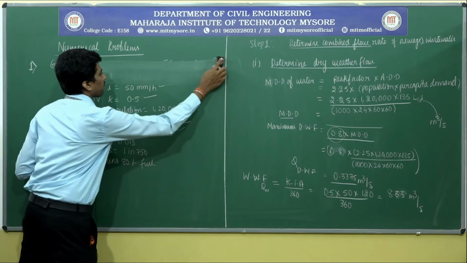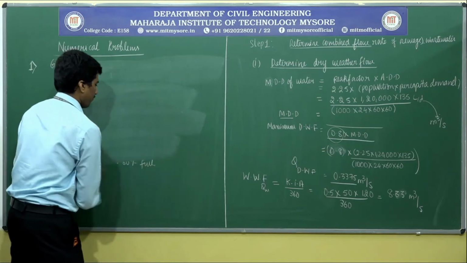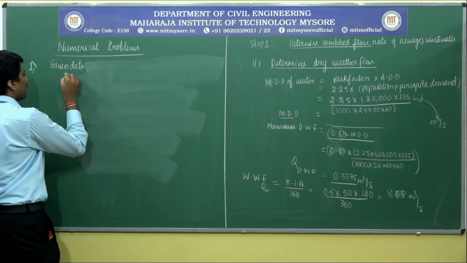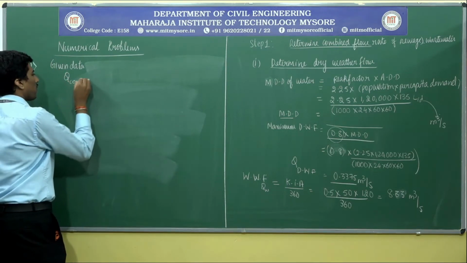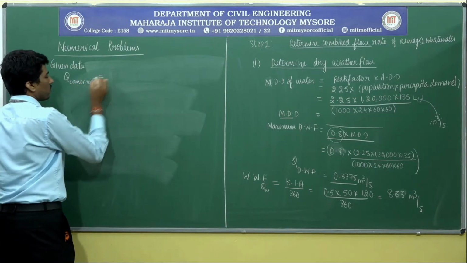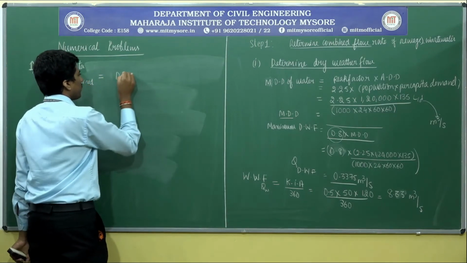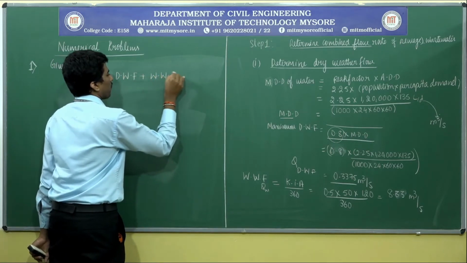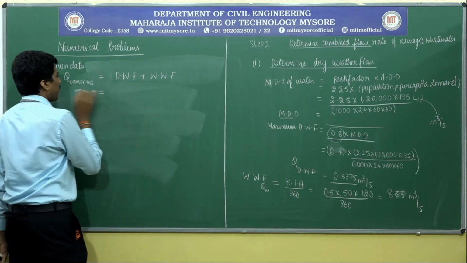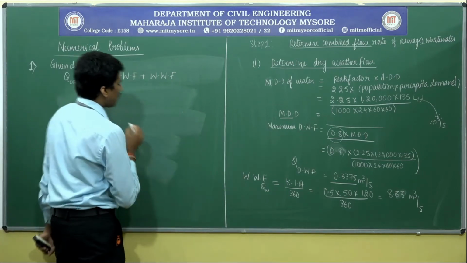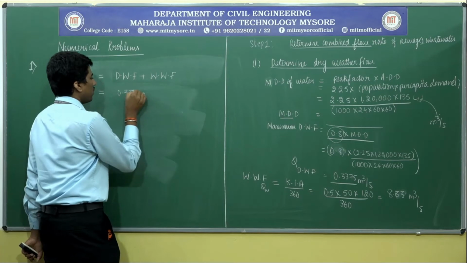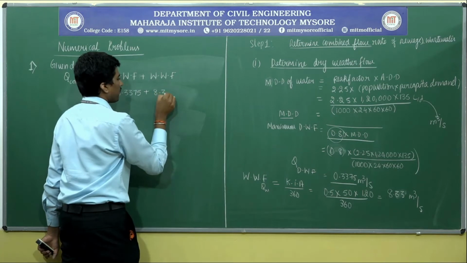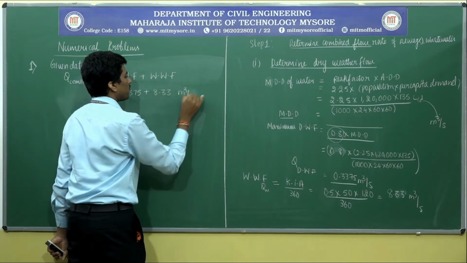So the combined flow rate is equal to the sum of dry weather flow and wet weather flow: 0.3375 plus 8.33 meter cube per second.